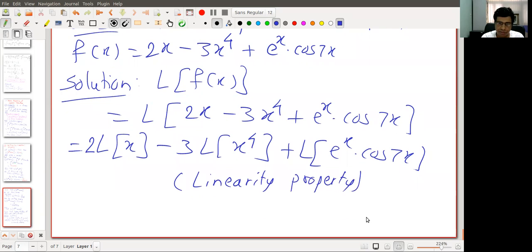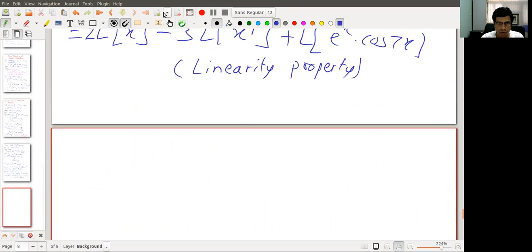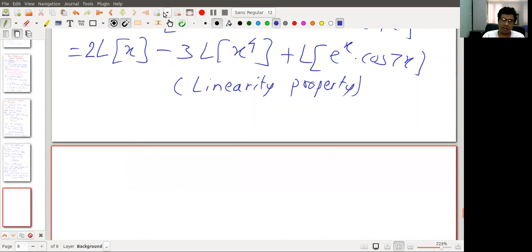In the next step, we use another property of Laplace transform, that is, here first we use L of x raised to n, it is n factorial upon p raised to n plus 1. So this is 2.